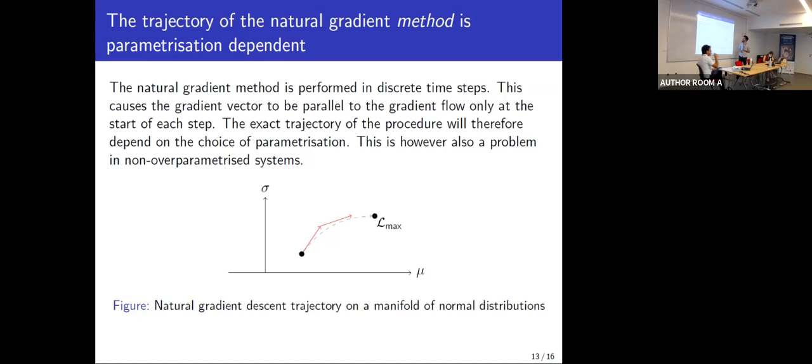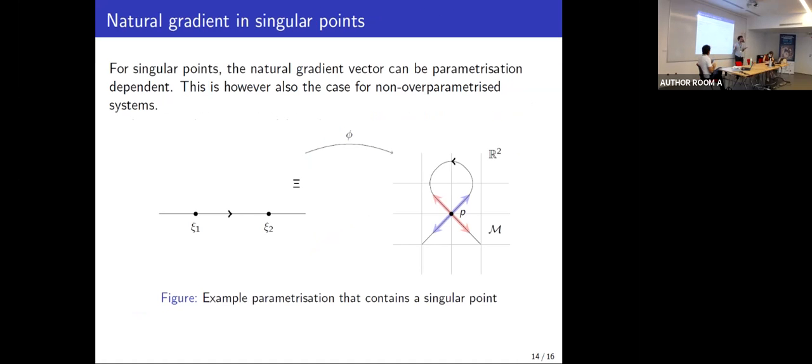And then the same holds for, I was restricting my attention to the non-singular points. But if we actually look at a singular point, so for example, if this is the parameter space and this is the manifold, then you could have a singularity here. And if you perform it with one parameterization, then you get a vector here, the gradient, and with another, you get, for example, a vector here.